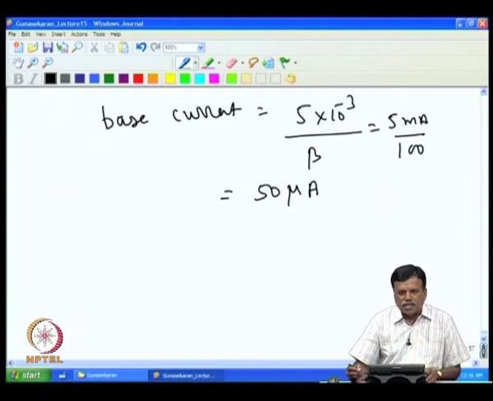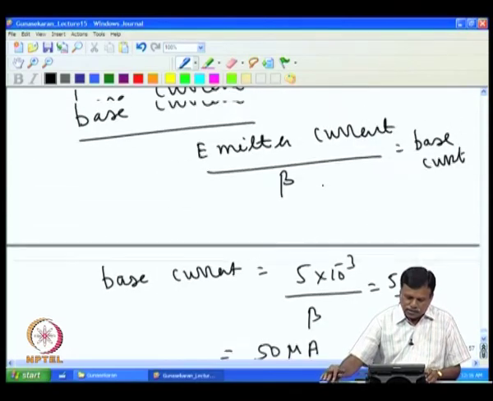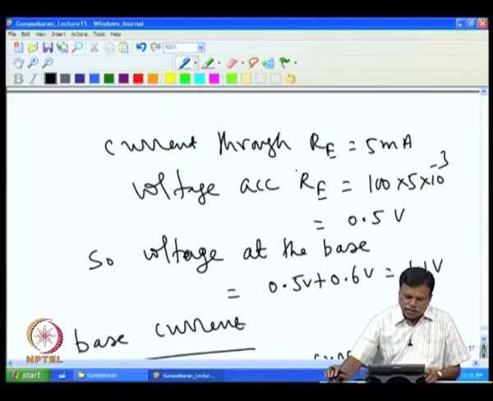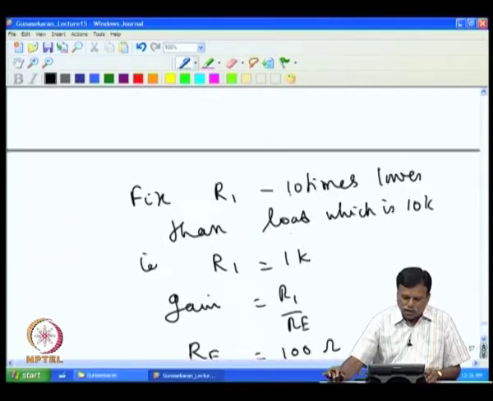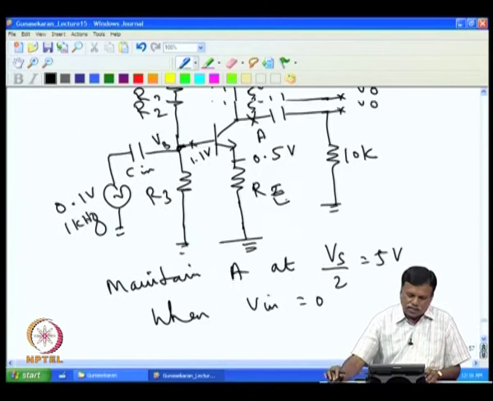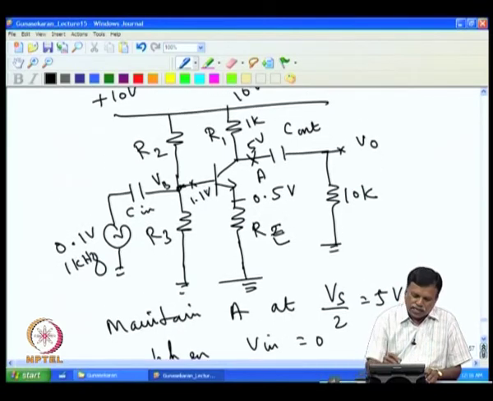Once the base current is known, I can decide on the current through R2 and R3. The base current is taken as 50 microamps.